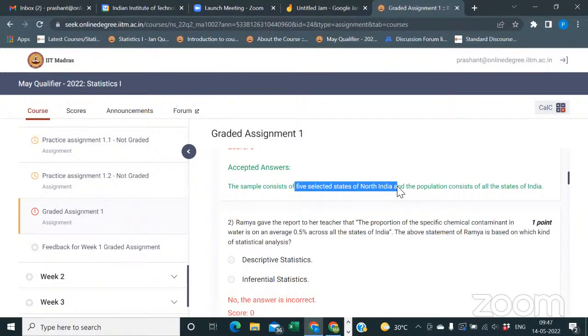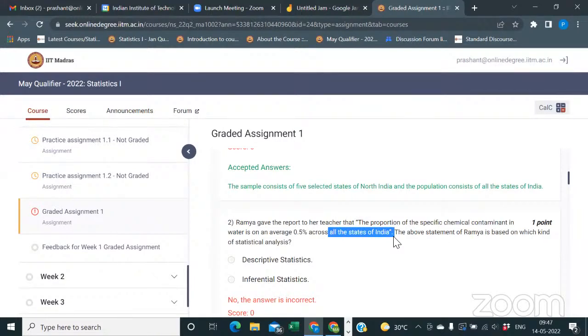She said that the proportion of the specific chemical contaminant in water is on average 0.5% across all the states of India. See, read the statement. She is drawing the conclusion on the behalf of these 5 selected states of India for the whole population. Yes, sir. Right.